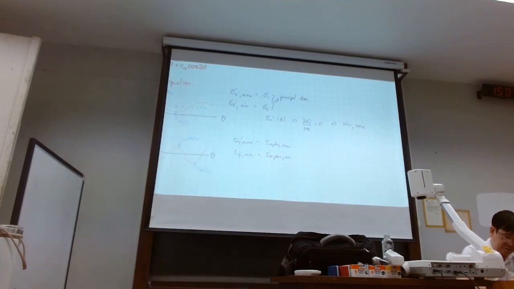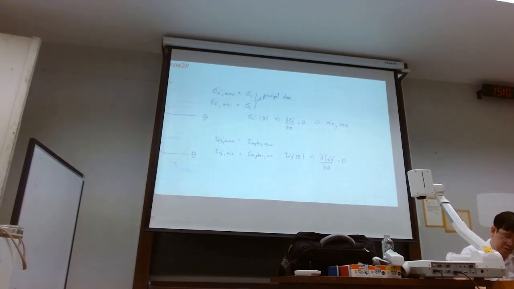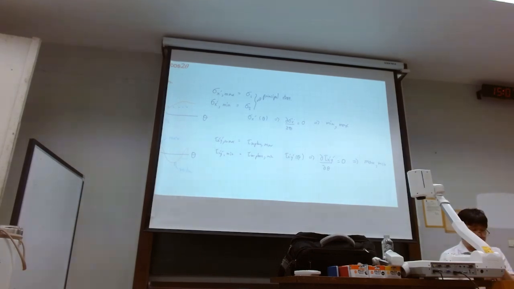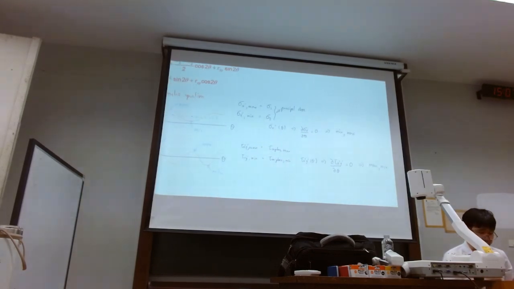Quite the same, tau x prime y prime is also a function of theta. If you take the derivative of tau x prime y prime by theta, set it equal to 0, you can find max and min as well. That's the concept.